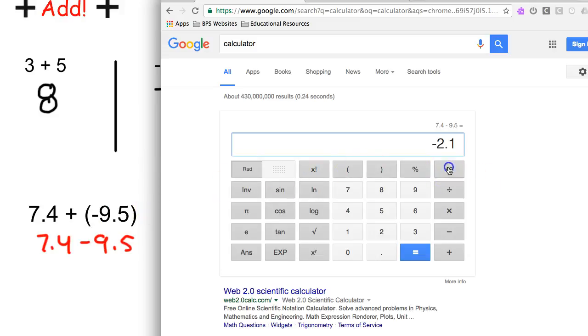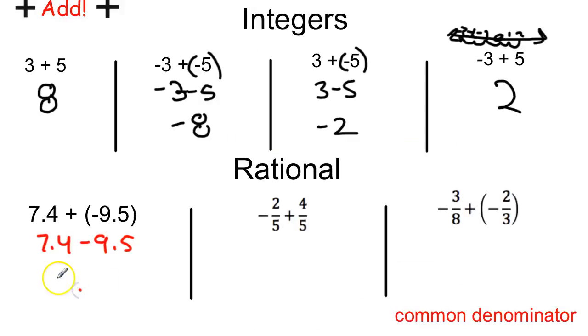So let me just show you how that looks. 7.4 plus parentheses negative 9.5. Same answer, negative 2.1. You can also add them vertically. 7.4 minus 9.5. Make sure the decimals are lined up, and then you subtract them.